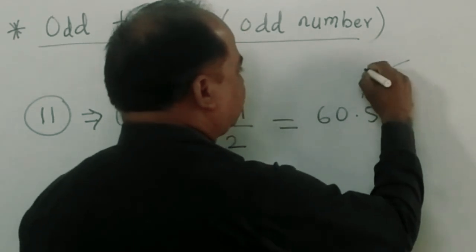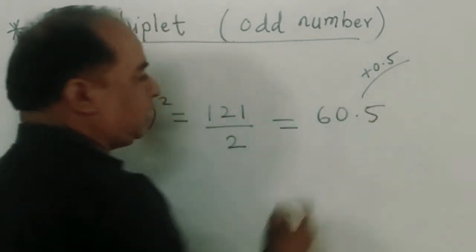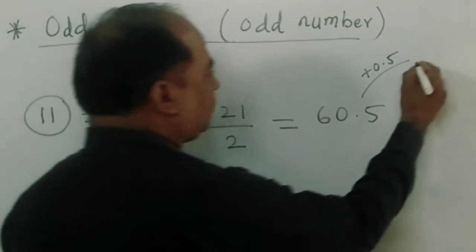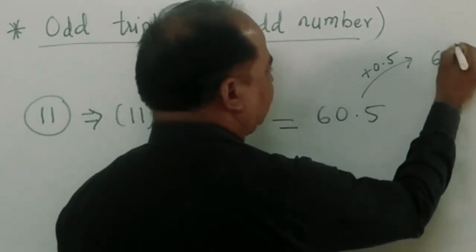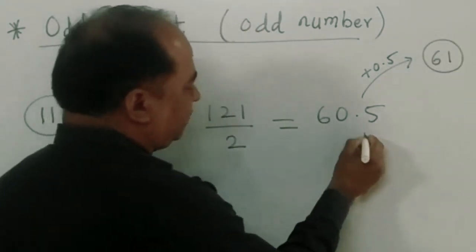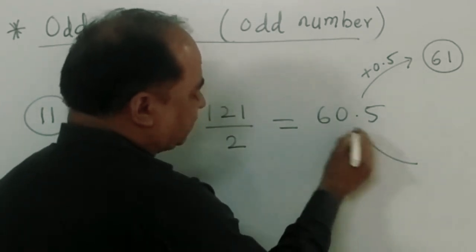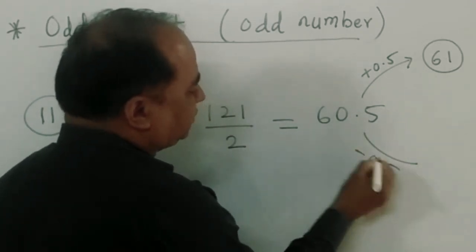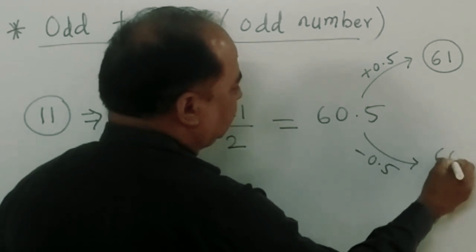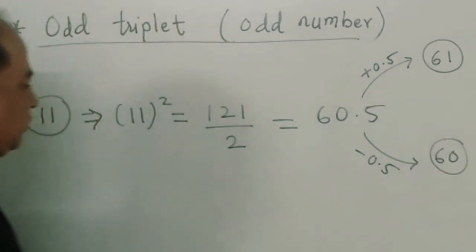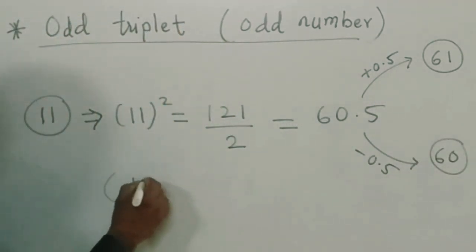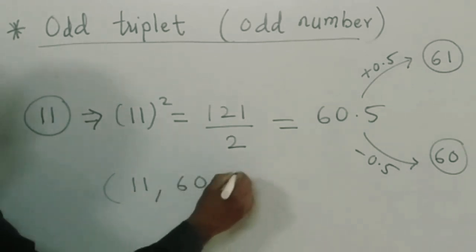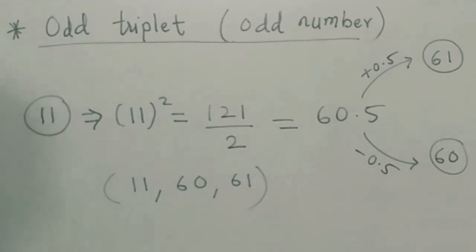Now add 0.5: 60.5 plus 0.5 is equal to 61, and 60.5 minus 0.5 is equal to 60. So the triplet is 11, 60 and 61.